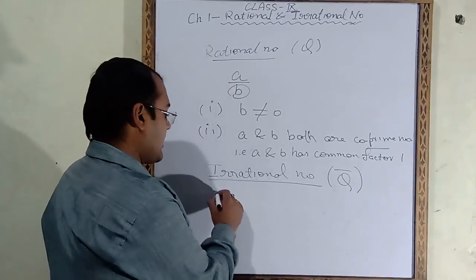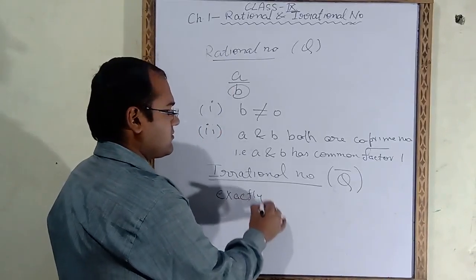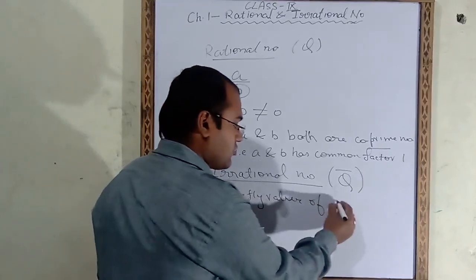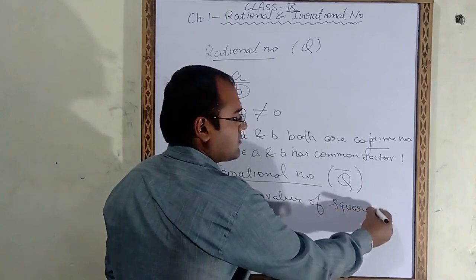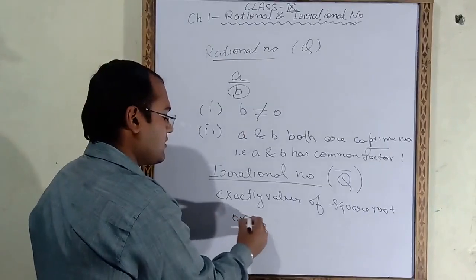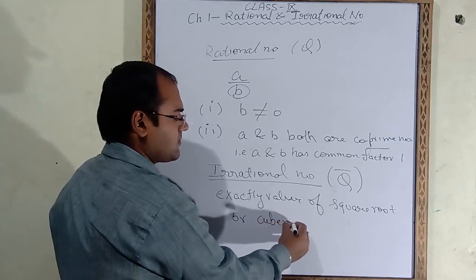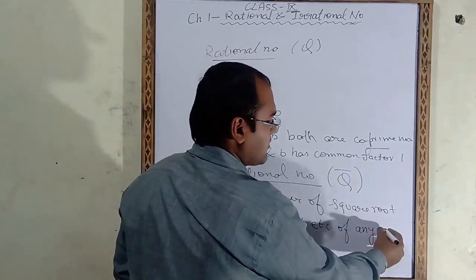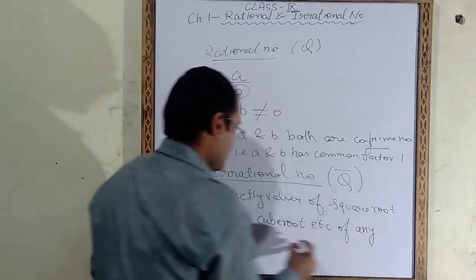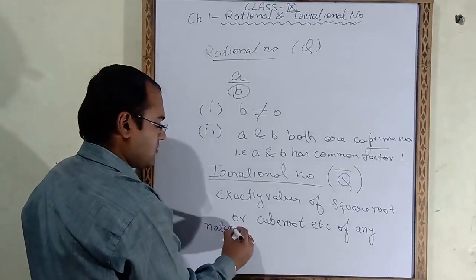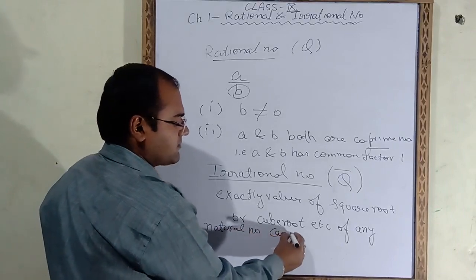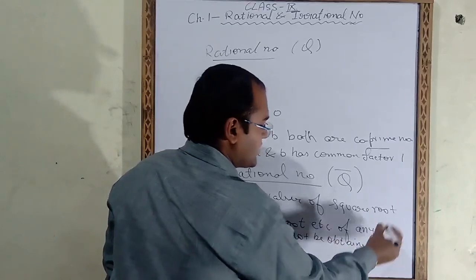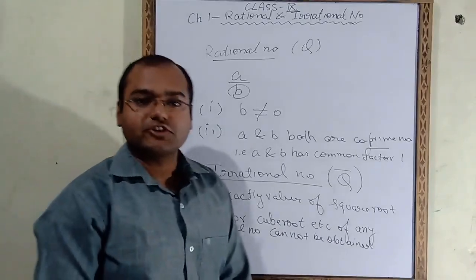If the exact value of a square root or cube root etc. of any natural number cannot be obtained, such numbers are called irrational numbers.